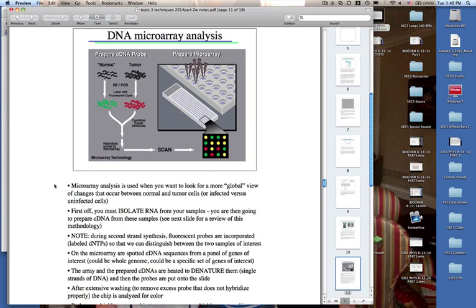The cool thing about this is, as we're making our cDNA of interest, we're going to use labeled nucleotides so that we have, let's say, green fluorescently labeled nucleotides in our normal sample and red fluorescently labeled nucleotides in our tumor sample, okay? Why would we do this?